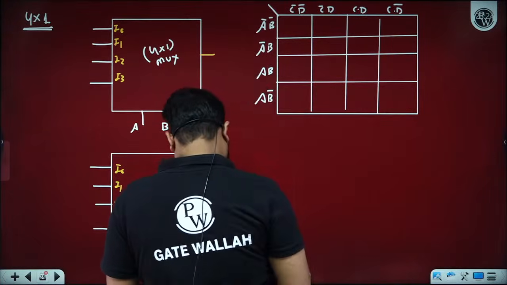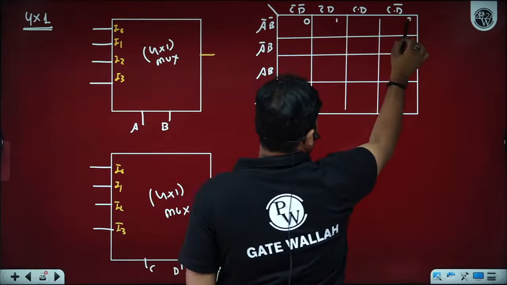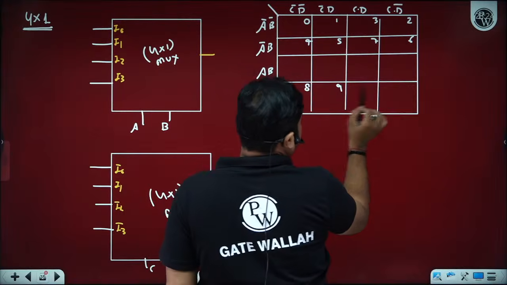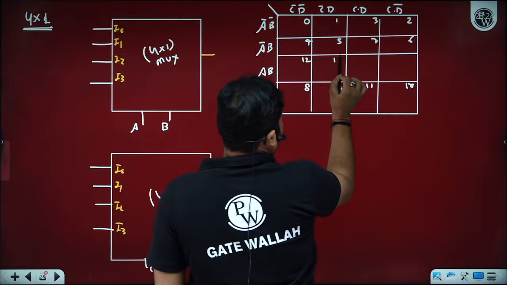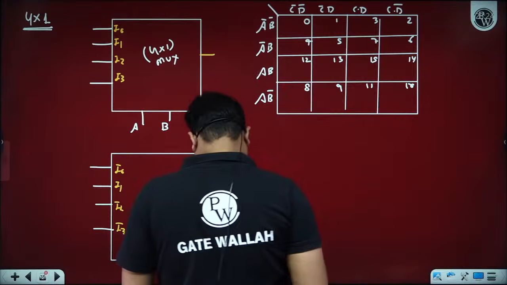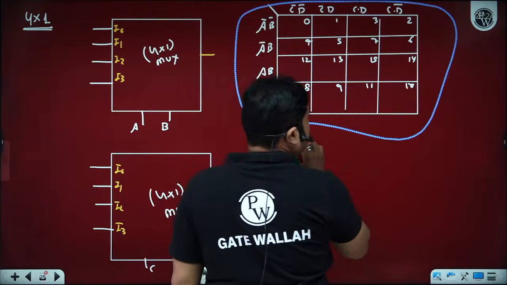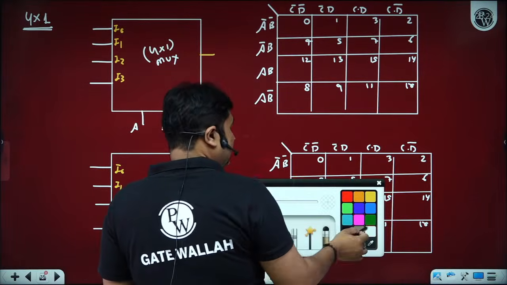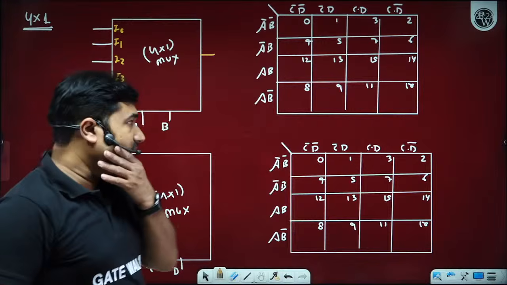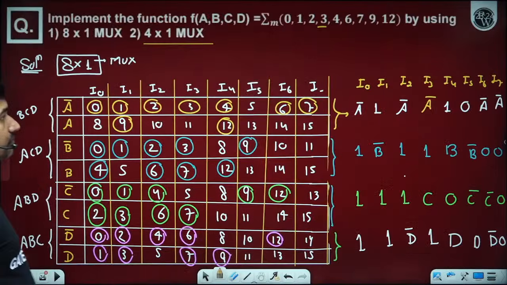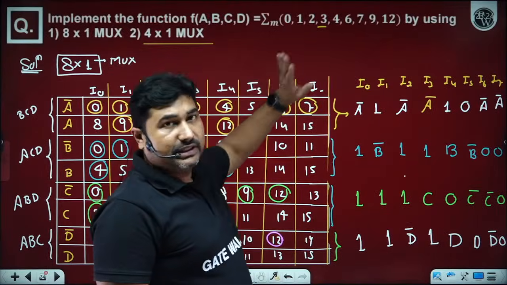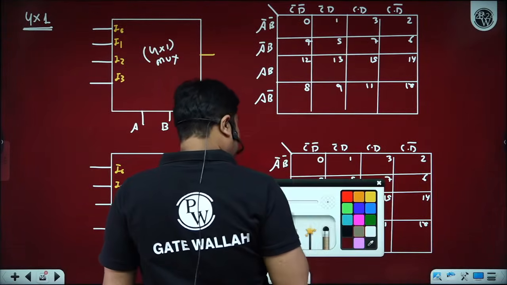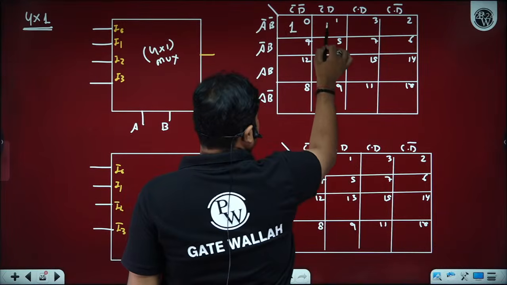Okay, and numbering is 0, 1, 2, 3, 4, 5, 6, 7, 8, 9, 10, 11, 12, 13, 14 and 15. This is a special case, beta ji. More than that, they are never going to be asked. So this is the maximum that they can go. Please observe. We have a function 0, 1, 2, 3. I'm just putting logic level 1 where we are getting high. This is in a SOP form.